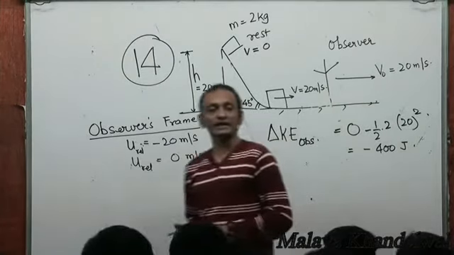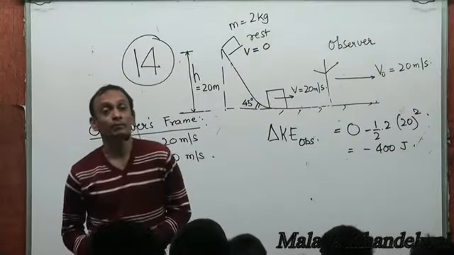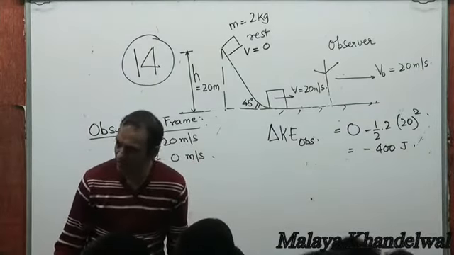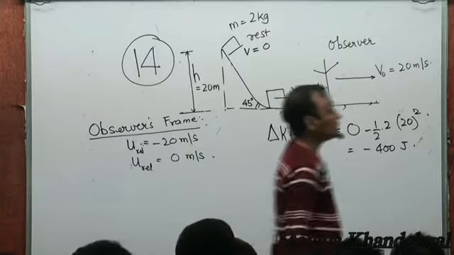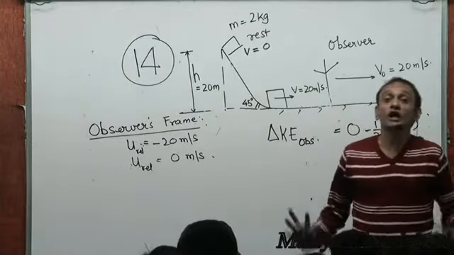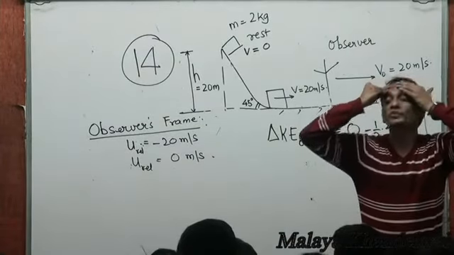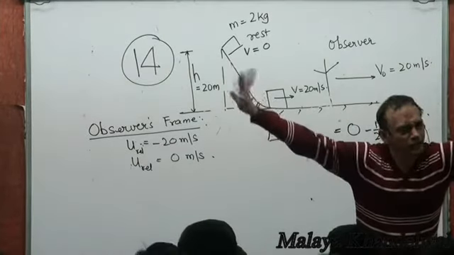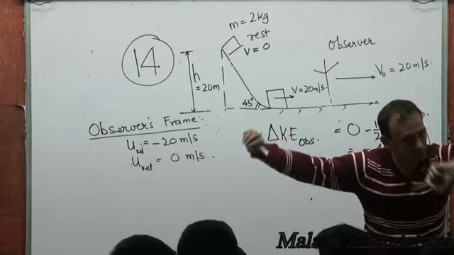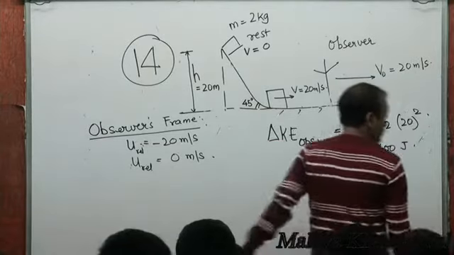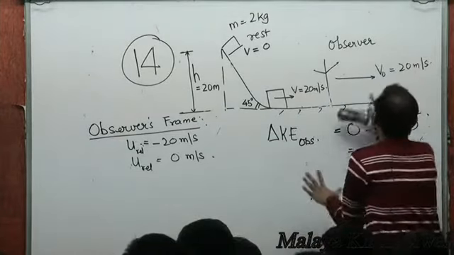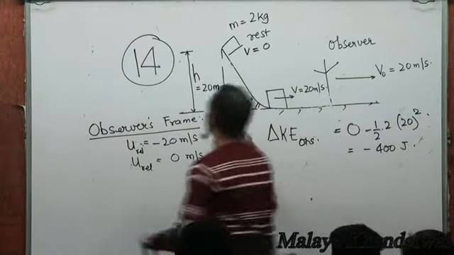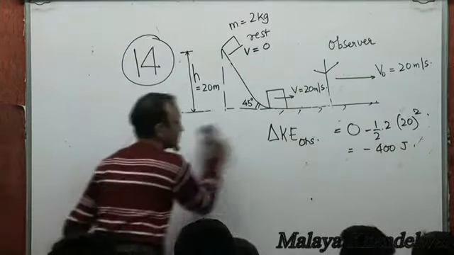That is the change in kinetic energy of this particle in the observer's frame of reference, right? Now, change in kinetic energy in this frame would be the work done by various forces in this frame, yes or no, right? That means now, in a frame of reference attached to the observer, the change in kinetic energy is minus 400 joules.